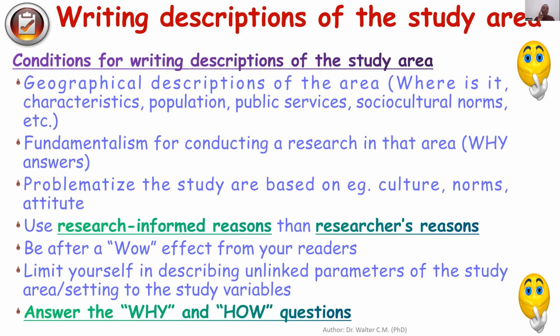And then when you describe the population, you describe the information for the population of Dodoma, maybe male, female, and then you go directly to the proportion of your population of interest. That is the population that you have intended to study and to be given data from.